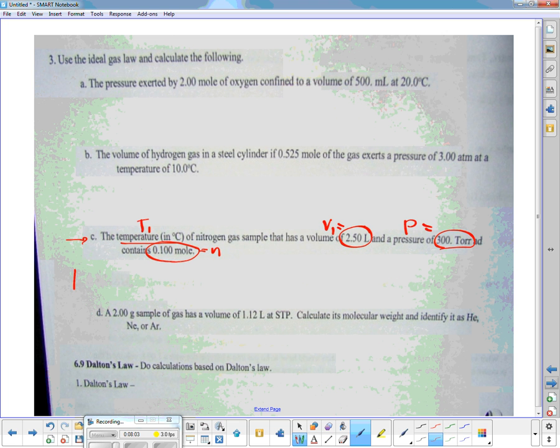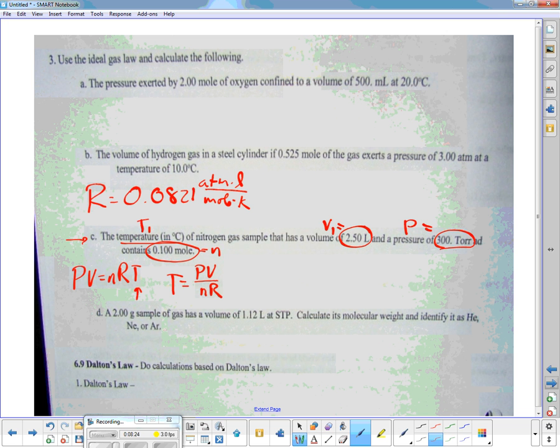So I know PV equals nRT. I'm solving for T on this one, so T equals PV divided by nR. R is a constant, 0.0821 atmospheres times liters divided by mole times Kelvin.